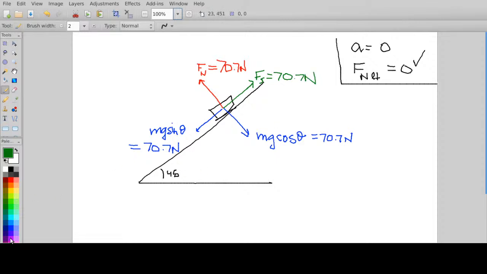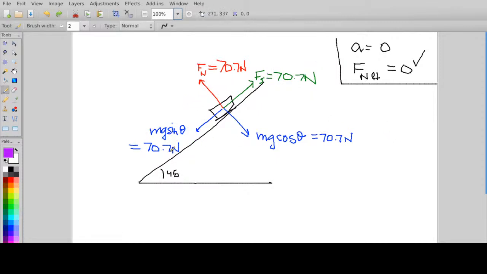Okay, so let's go through that logic again. If this force here were bigger, that's the parallel force downhill, if that were bigger than the frictional force, then who would win? Well, then the gravitational force would win and it would accelerate downhill. Conversely, if the static friction uphill were bigger than the force of gravity downhill, the static friction would win and it would accelerate uphill, which it doesn't do.